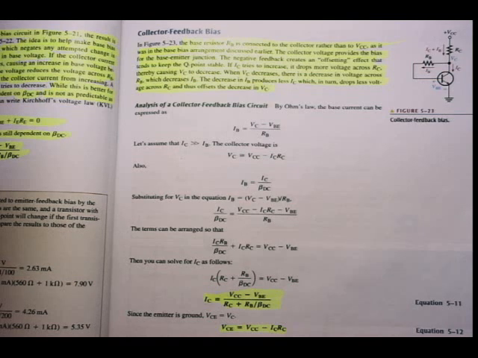The negative feedback creates an offsetting effect that tends to keep the Q point stable. If IC tries to increase, it drops more voltage across RC, thereby causing VC to decrease. When VC decreases, there is a decrease in voltage across RB, which decreases IB. This decrease in IB produces less IC, which in turn drops less voltage across RC, thus offsetting the decrease in VC.